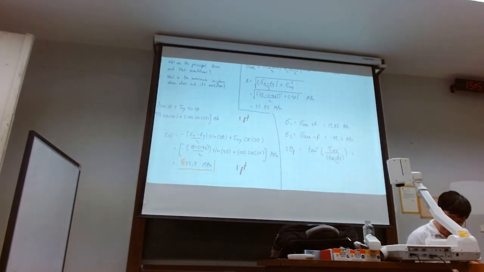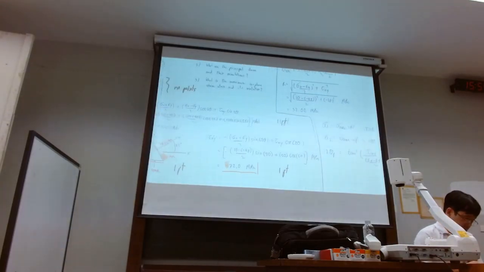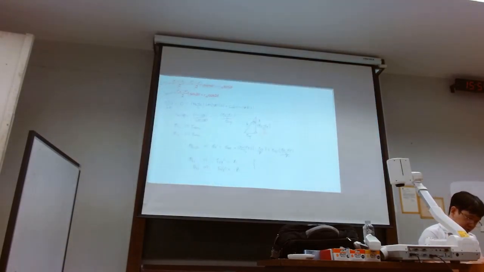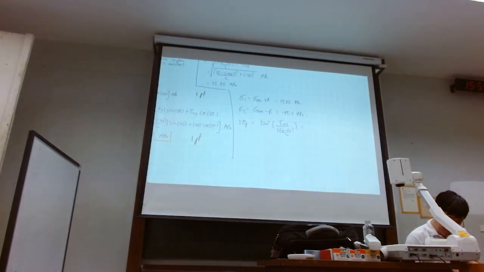So arctangent of minus 20 divided by 10 minus 40, so this will be plus 40, over 2, that's 25.